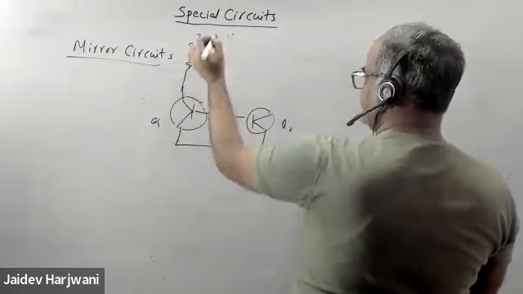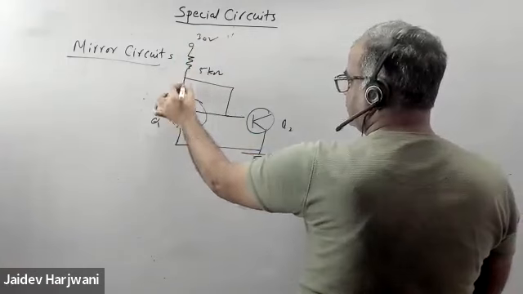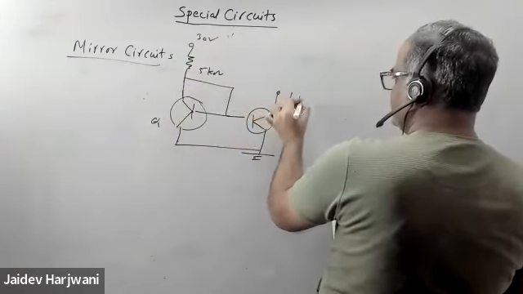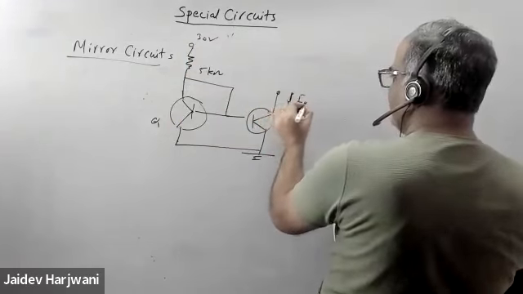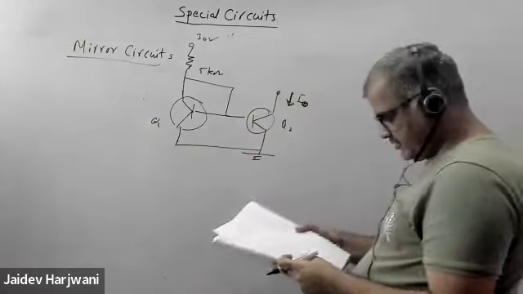VCC is 30 volts, and this current is coming here. It's connected here, and this terminal is here. So they say find what is the value of I naught. Okay, find the value of I naught.